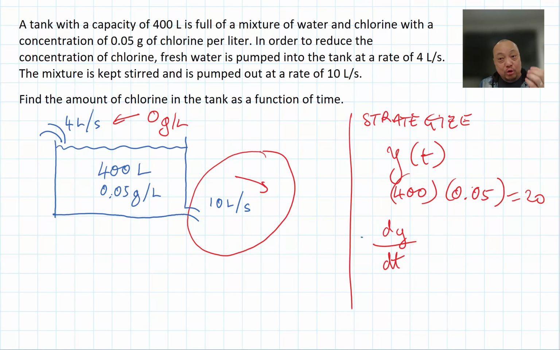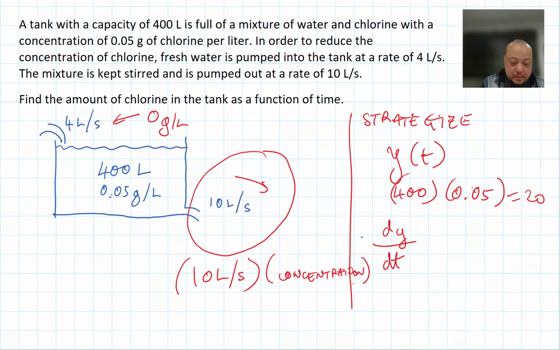How much chlorine I lose per unit of time is 10 liters per second times whatever the concentration is. The concentration started at 0.05 grams per liter, but it doesn't stay 0.05 because fresh water is pumping in, so it dilutes the chlorine all the time.